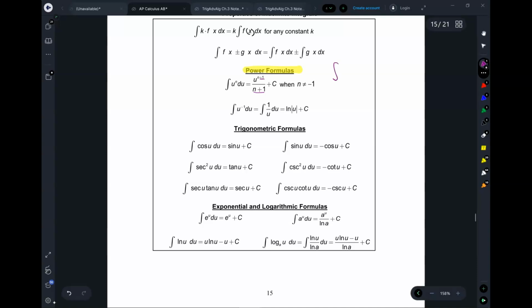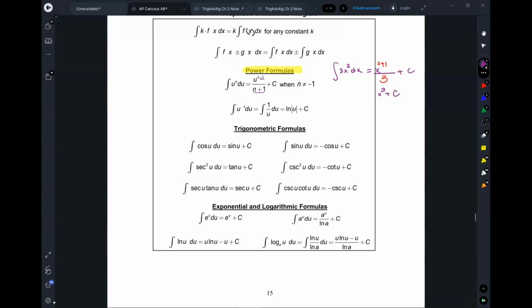So suppose I have the integral of 3x squared dx. What I do is I have x to the power of, I add 1 to the exponent. What do I get? 3. And then I divide by that new exponent 3, but I have to add a plus c. So that becomes x cubed plus c.